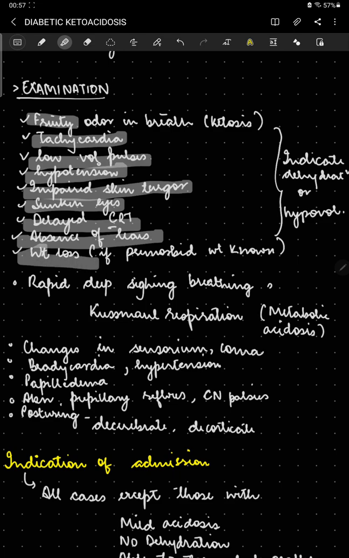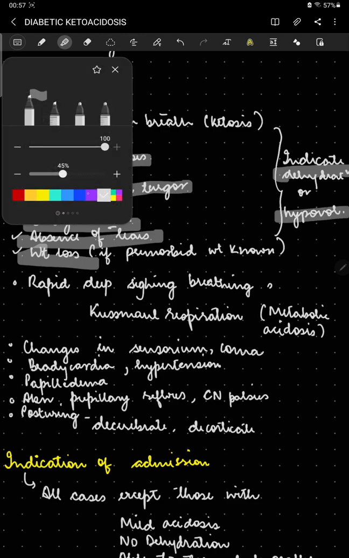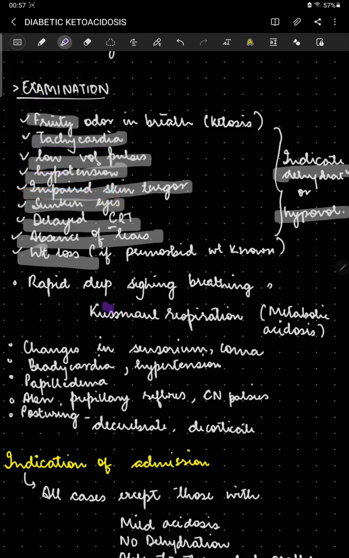Okay, so all these things indicate dehydration and hypovolemia, right? Because of the acidosis, there would be Kussmaul's respiration for the rapid washout of CO2, right? That would compensate the metabolic acidosis.